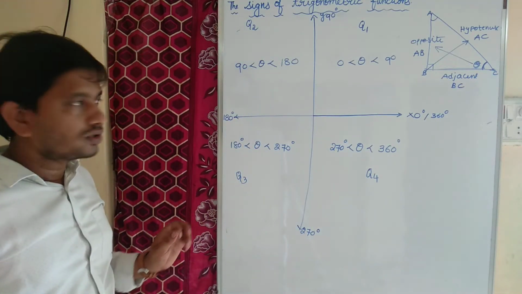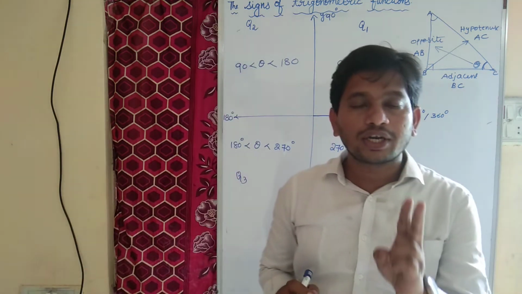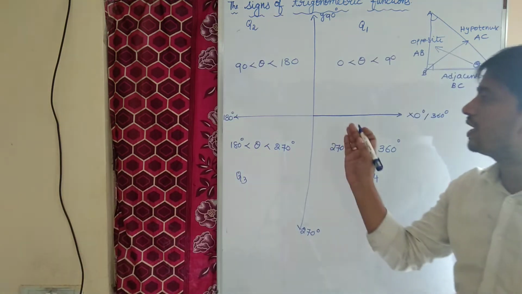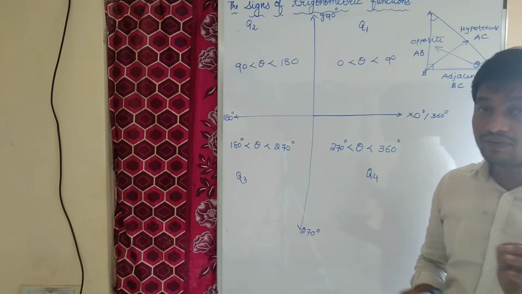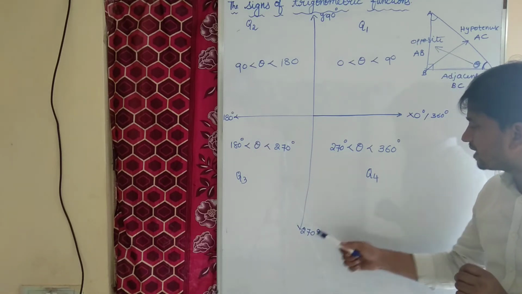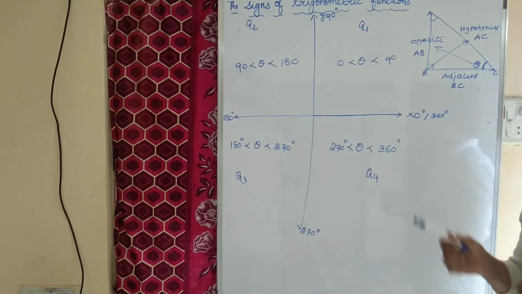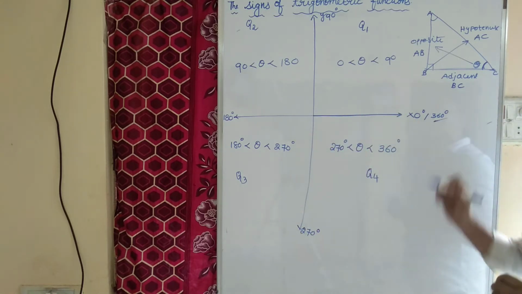Right? So coordinate 1 lies between 0 to 90, coordinate 2 between 90 to 180, coordinate 3 between 180 to 270, and coordinate 4 between 270 to 360, which is called a complete rotation, a complete angle in the sense 360 degrees.